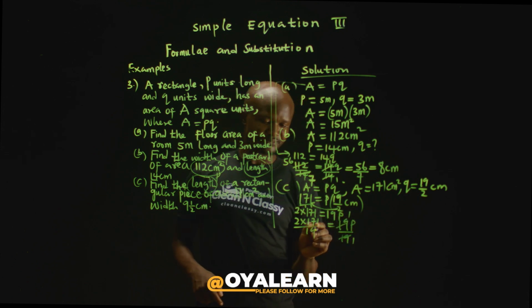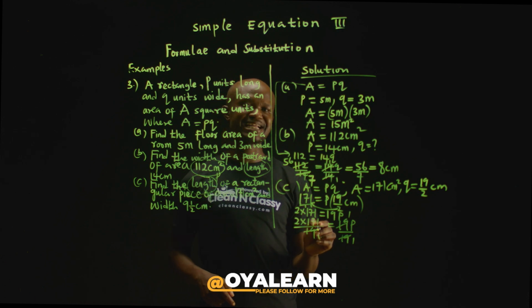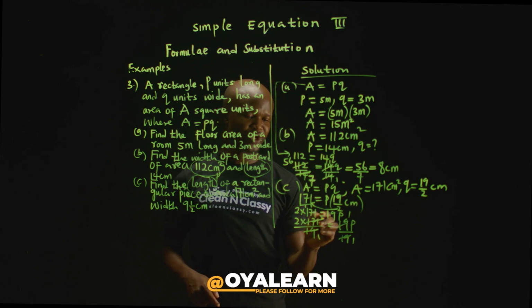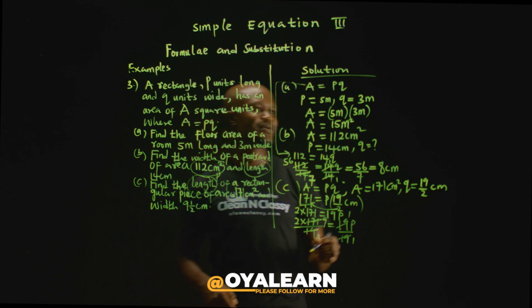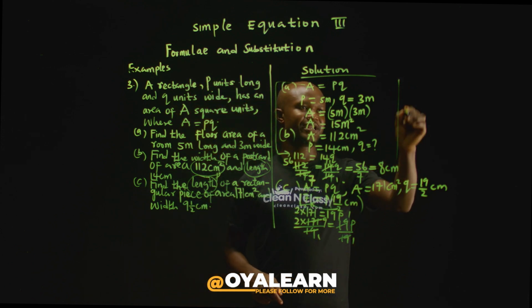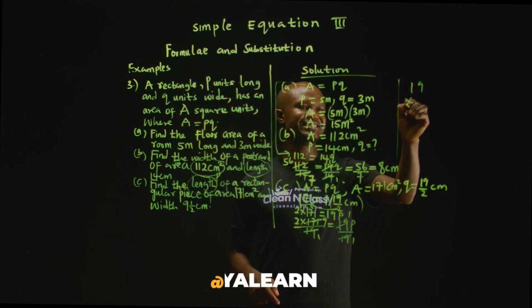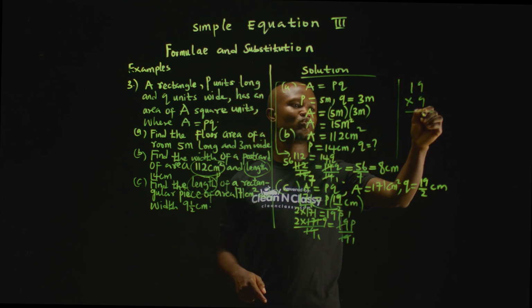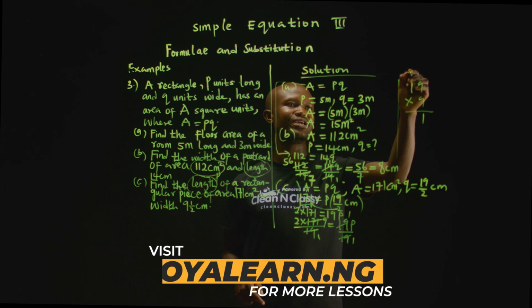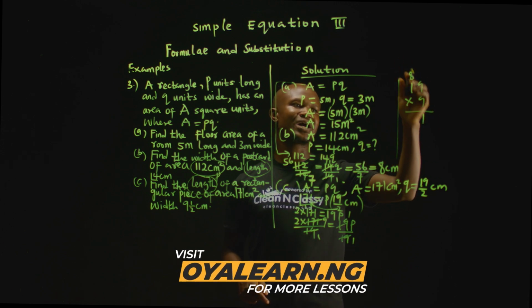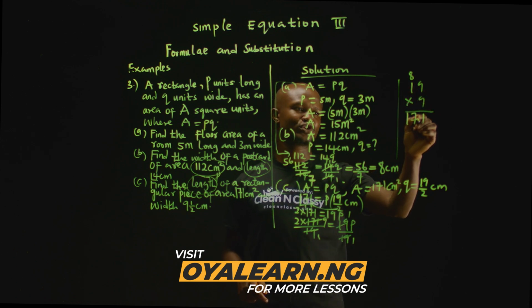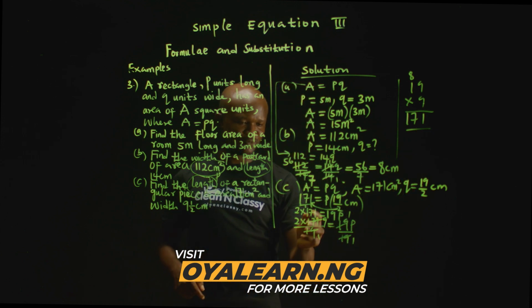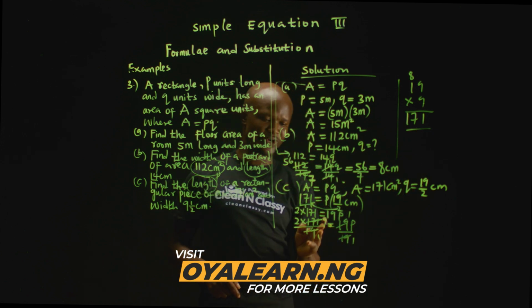Now, 19 in 171 will give us 9. Let me calculate it for you. 19 times 9: 9 times 9 is 81, we write 1 and carry 8. 9 times 1 is 9, 9 plus 8 is 17. So 171 divided by 19 gives us 9.